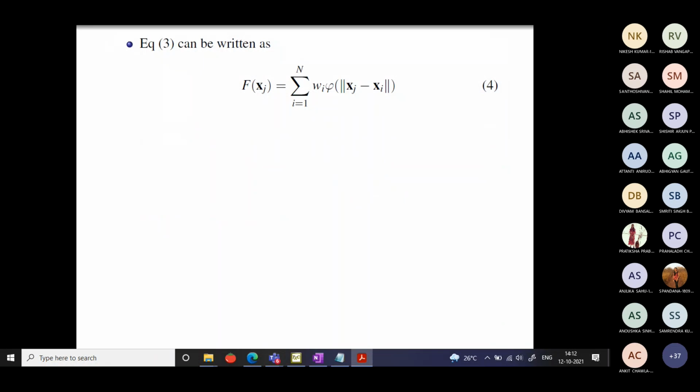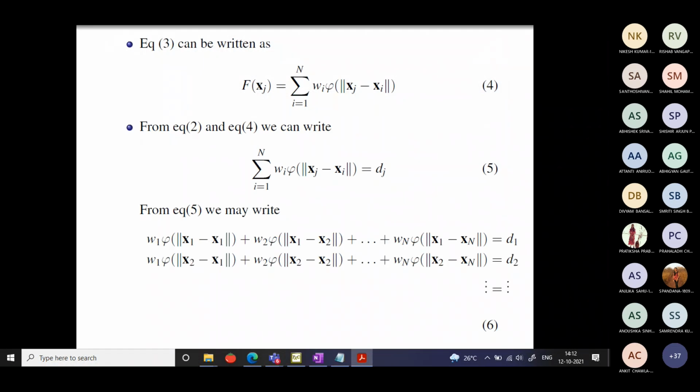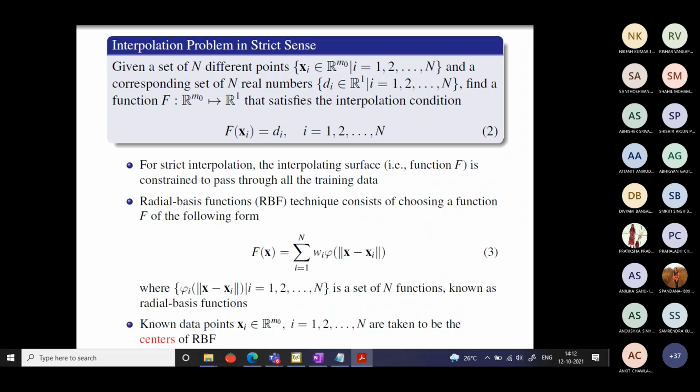Anyway, last class we talked about interpolation in the strict sense. We wanted to see how to implement this RBFN, and as somebody has also asked, how do we find the parameters? Don't worry, we can complete this today.